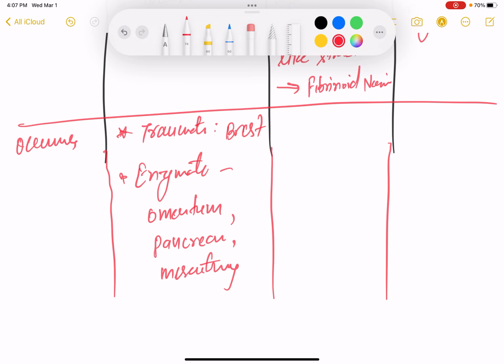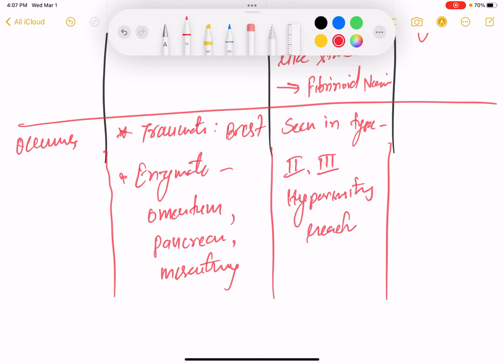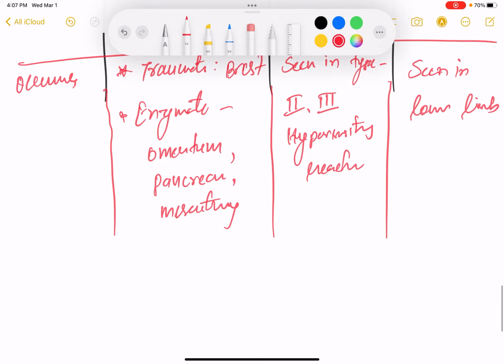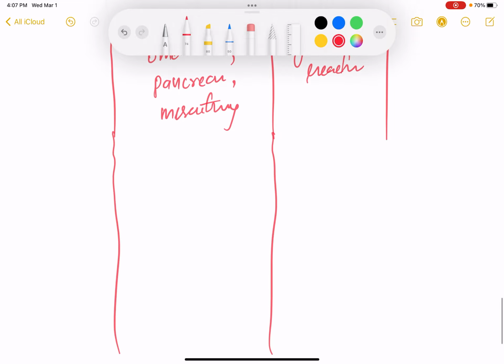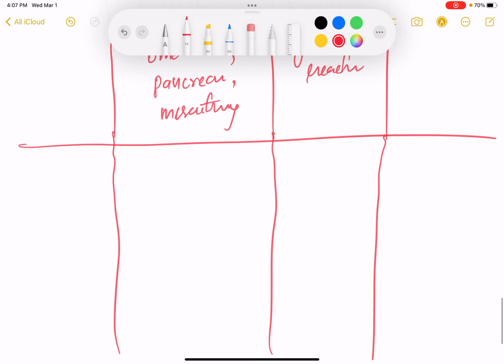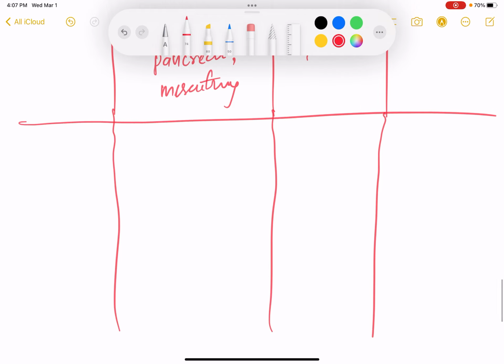Fibrinoid necrosis is seen in type 2 and type 3 hypersensitivity reactions. Gangrenous necrosis is basically seen in the lower limb. Then there are examples of these three types of necrosis.